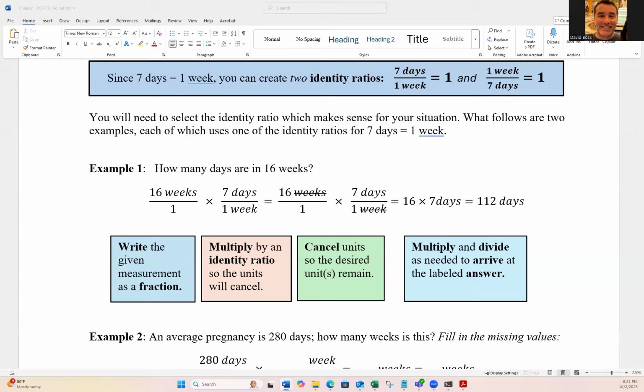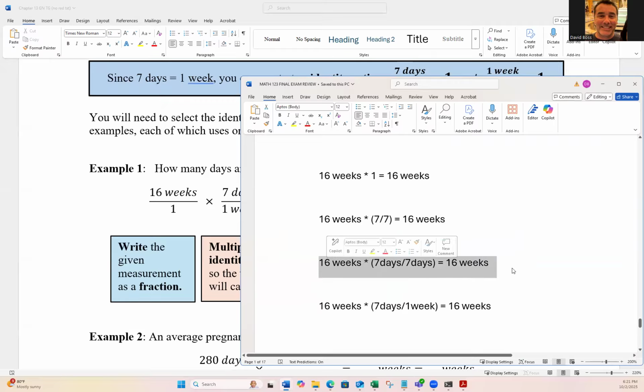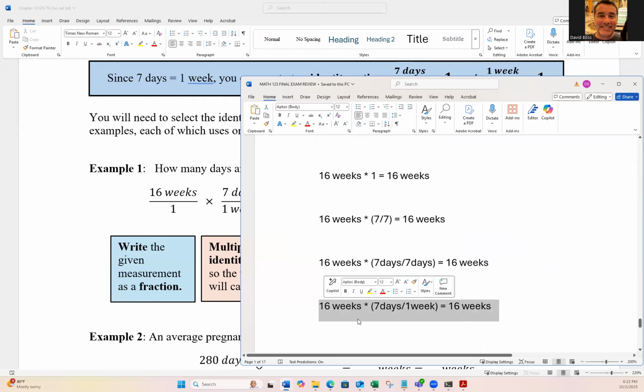One way to think of this: 16 weeks times 1 equals 16 weeks. 16 weeks times 7 over 7, that's 16 weeks times 1 again, still equals 16 weeks. So all you're doing is saying 16 weeks times 7 days over 1 week equals 16 weeks, because these are the same. 7 days over 7 days equals 1. 7 days over 1 week equals 1.